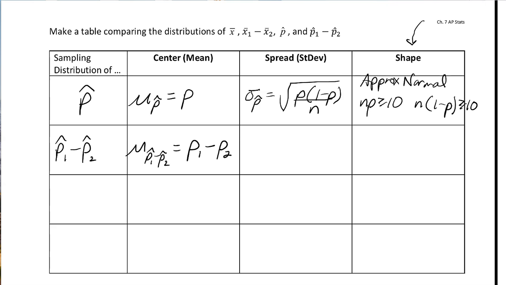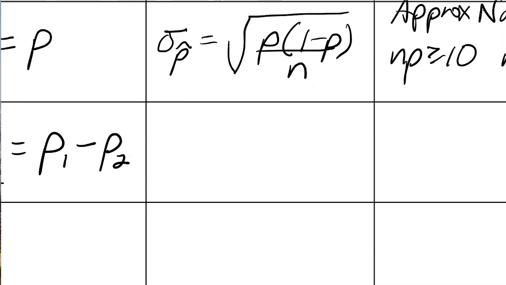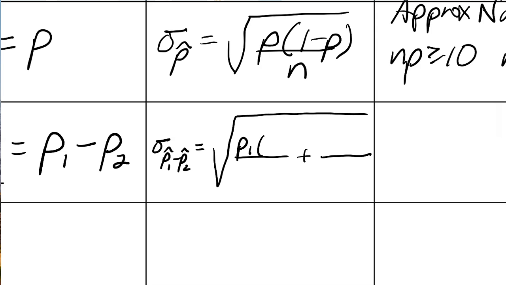And the standard deviation, I'm going to zoom in so I make sure I fit this. The standard deviation of p hat 1 minus p hat 2 equals the square root of the first population proportion, p1 times 1 minus p1, over the sample size of the first, plus the second, p2 times 1 minus p2, over the sample size of the second.